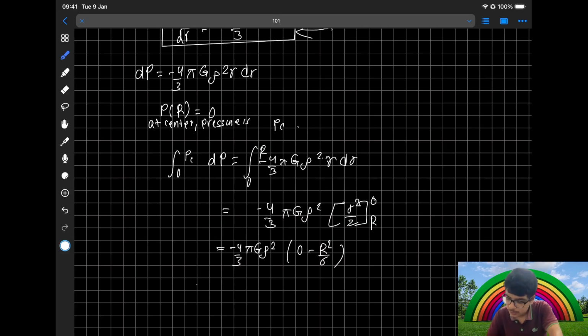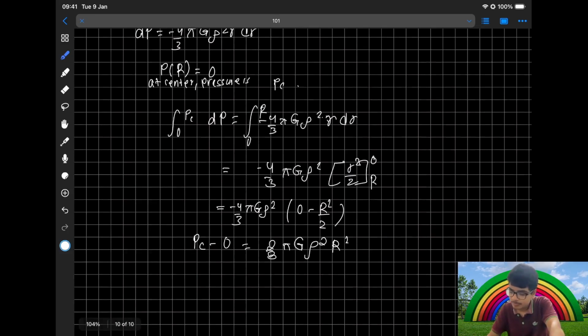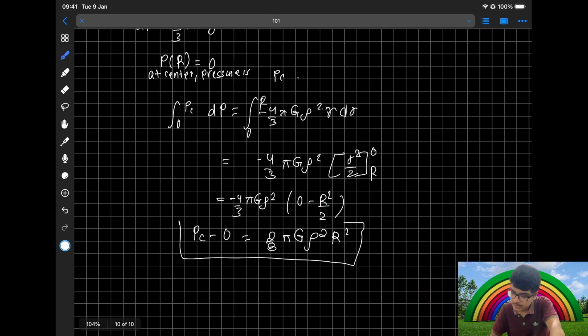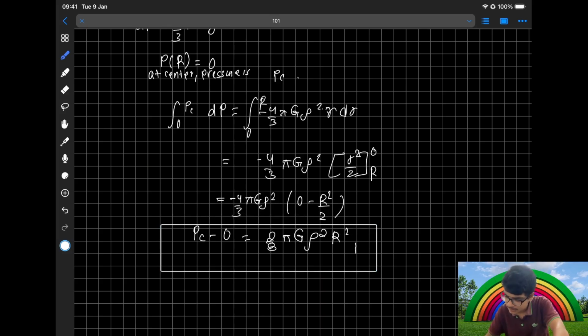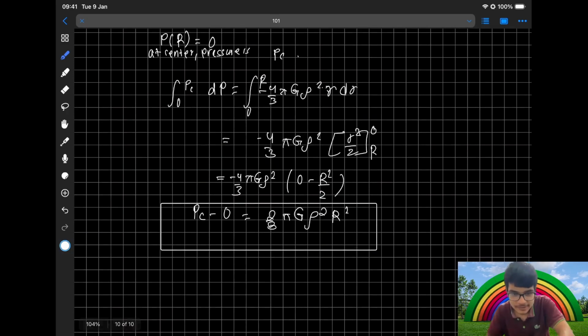So the same thing, equals 2 by 3 pi G density squared R squared. I got this. So this is the pressure at the very center. It's the pressure at the very center.